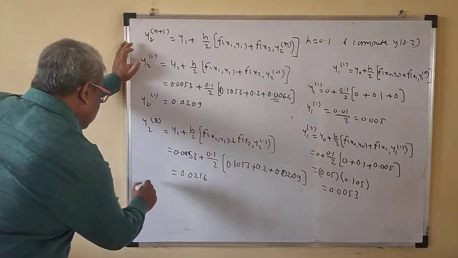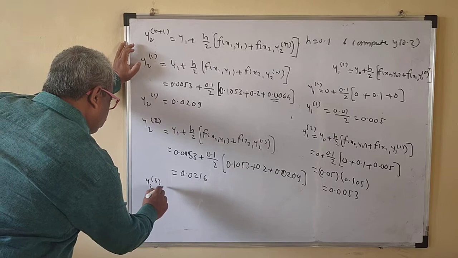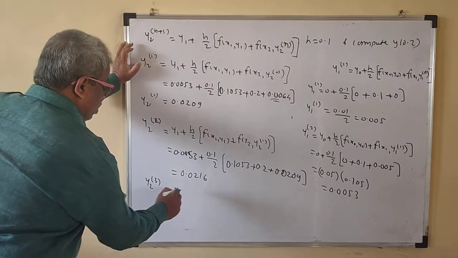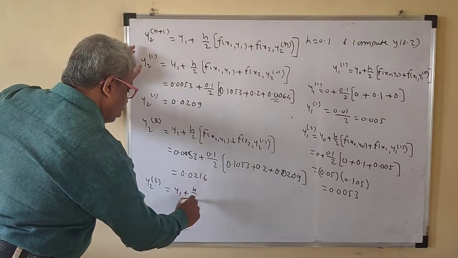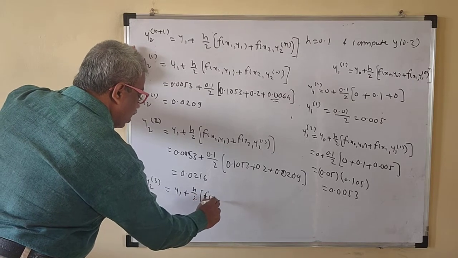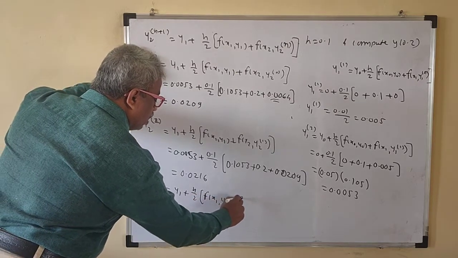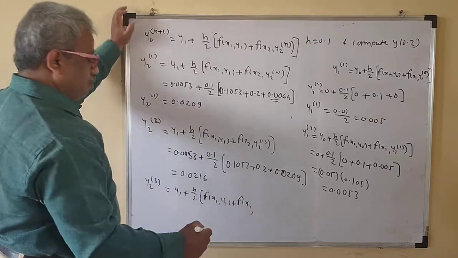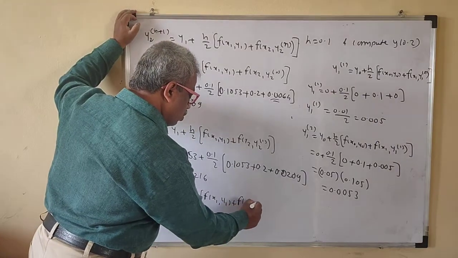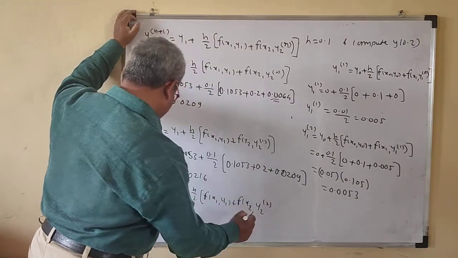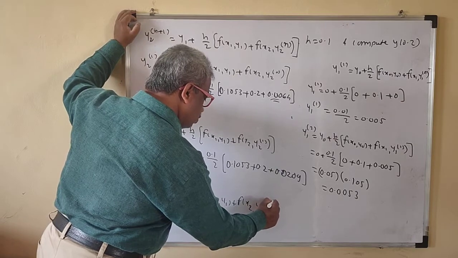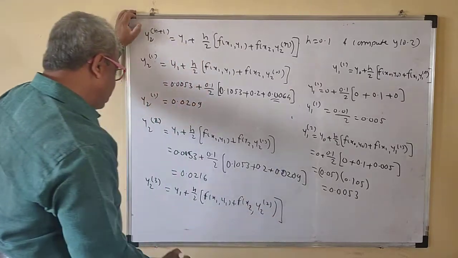Now we'll find the value of y2 of 3. The formula is the same here: y1 plus h by 2 f of x1 y1 plus f of x2 y2 of 2. Take care of the bracket.